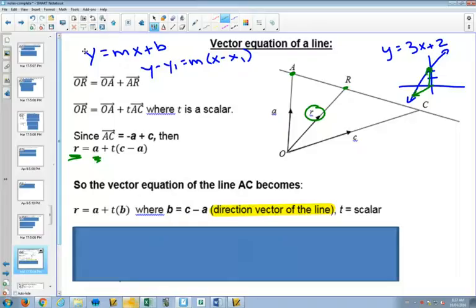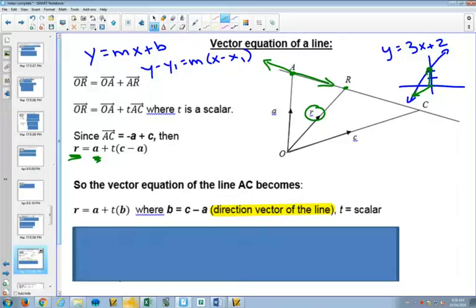And if you wanted to find any other point on that line, all you have to do is get to point A and then go a certain distance in this direction, either this way or this way. Well, if we're going in that direction, we're going to need a direction vector.